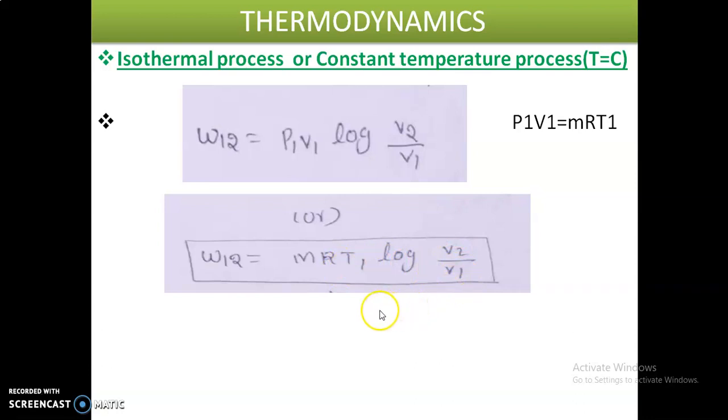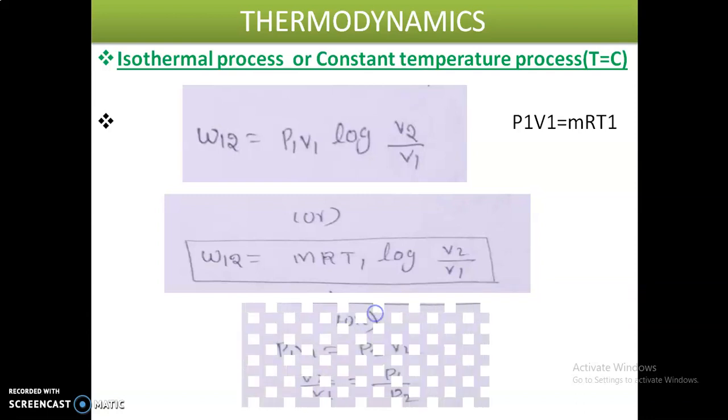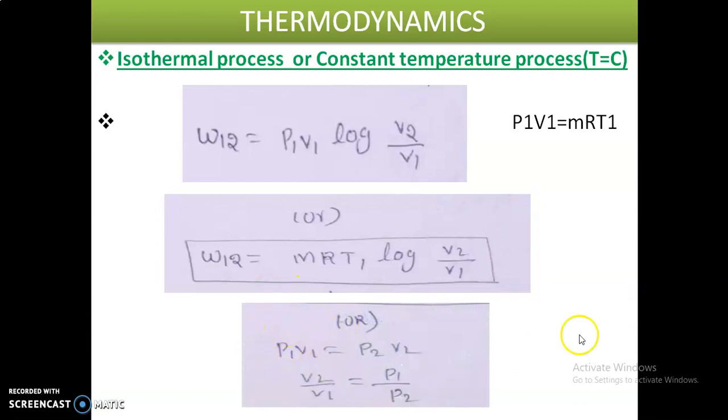In the isothermal process PV is equal to constant, or P1 V1 is equal to P2 V2 is equal to constant. From this relation we can write V2 by V1 is equal to P1 by P2.